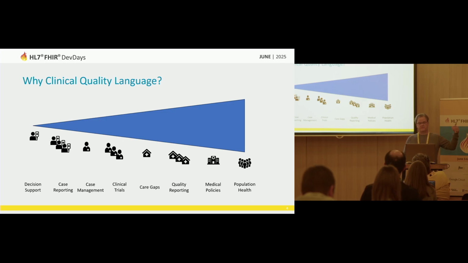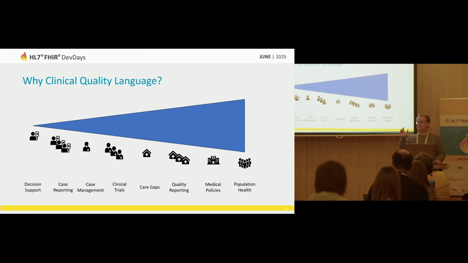If I come at expressing clinical logic from the population health case, then I'm baking in context that applies to the measurement use case, like measurement period. Or if I come at it from the decision support case, then I'm baking in contextualization to the current time frame. So I need a way to express that logic and to be able to share it across the entire spectrum. By hitting both those ends, we actually also hit all of the use cases in between: case reporting, case management, clinical trials, care gaps, quality reporting, medical policies.